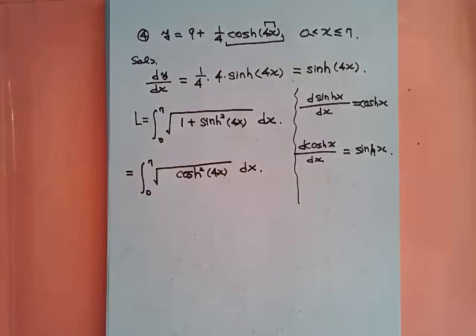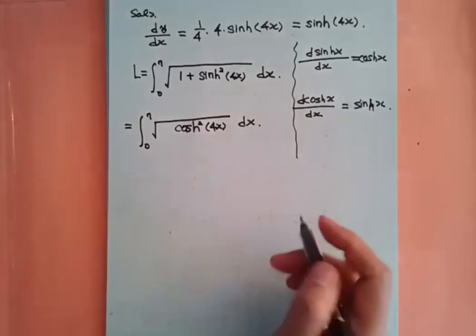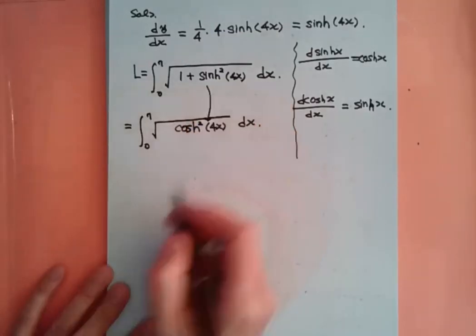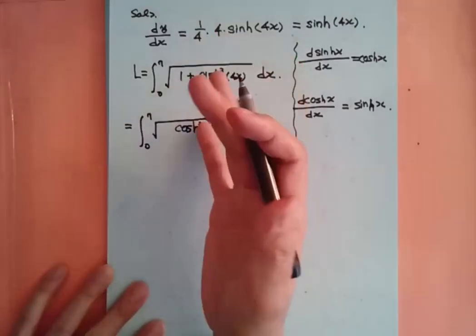So the Pythagorean formula with the sine and cosine goes similar. No, it is actually not the Pythagorean formula. It's just a formula which you can verify. It is just an identity.